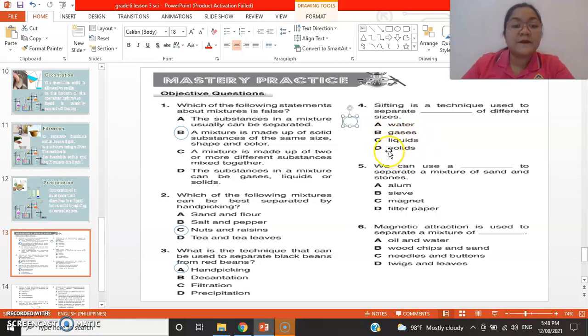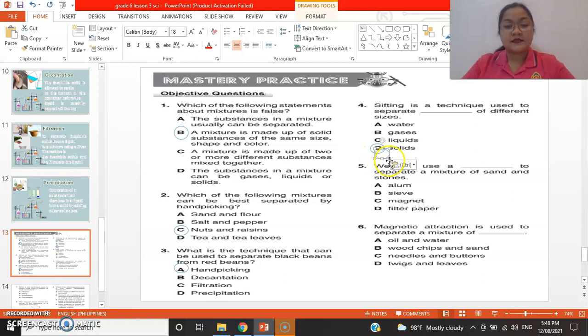Letter D, solids. 5, 4, 3, 2, 1. Sifting separates solids. Very good.